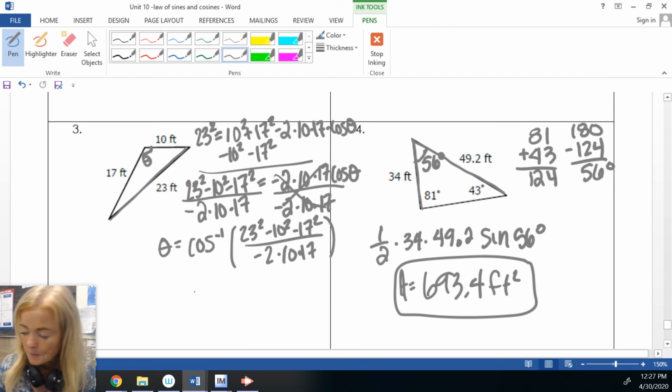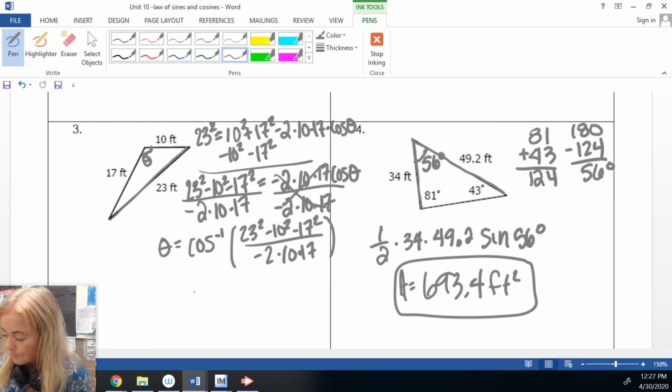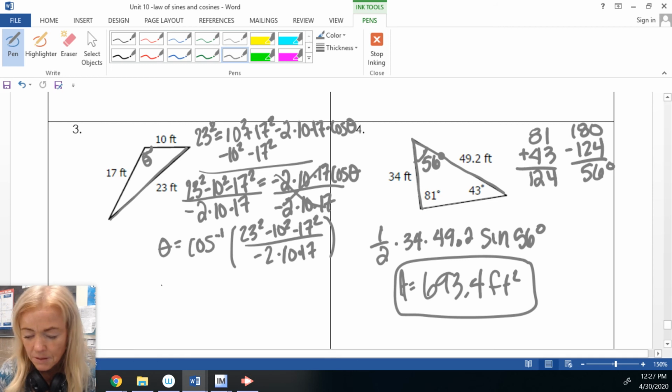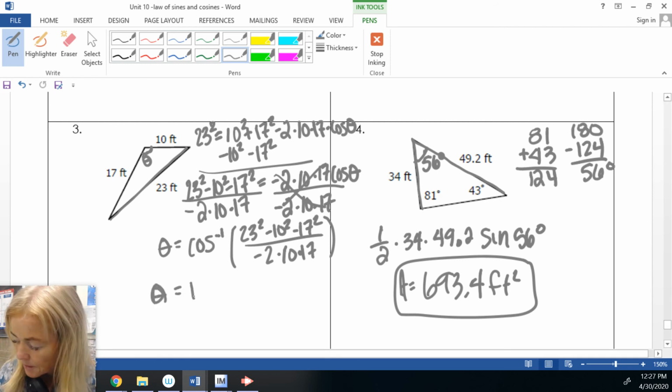In our calculator, second cosine, put in a fraction and just type it in as it is. That gives you less chance to mess up by performing any operations on your own. Let the calculator do it all. We get that angle, theta, is 114.3 degrees.